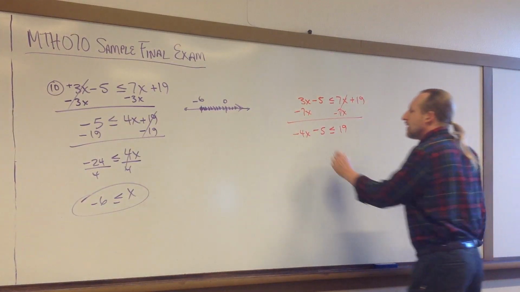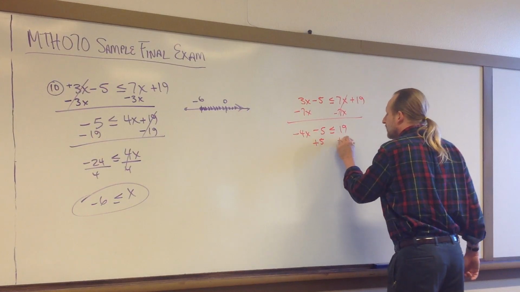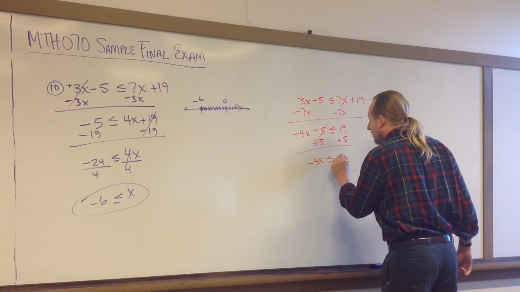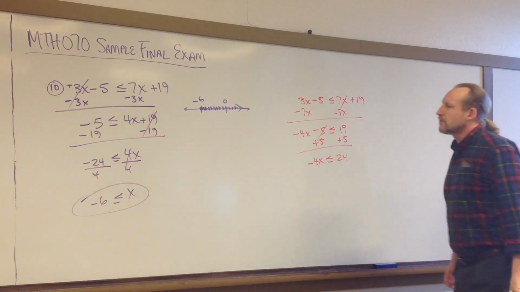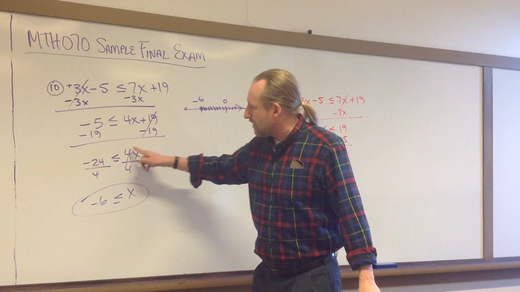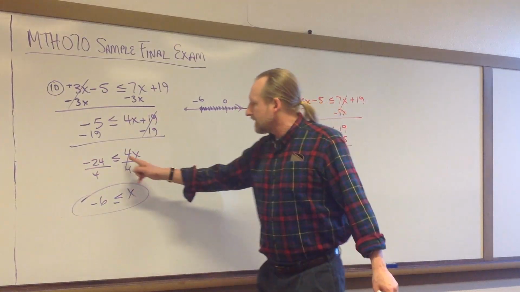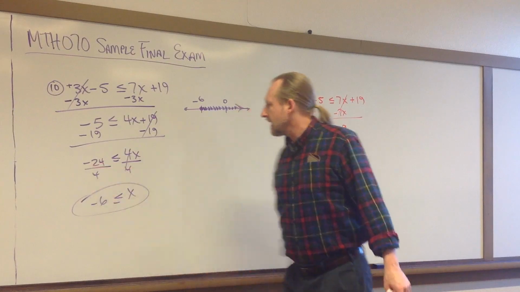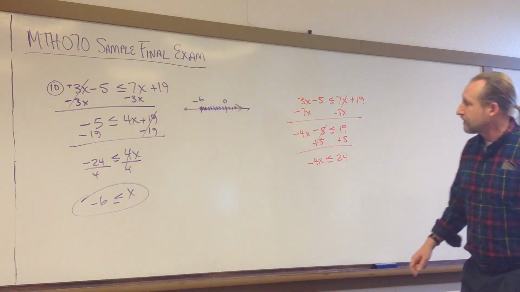Okay. Then I'll add the 5 over here. Negative 4x less than or equal to 24. Which is essentially very similar to what I have here, right? Except that the signs have been switched. This is a negative 4, this is a positive 4, this is a negative 24, this is a positive 24.